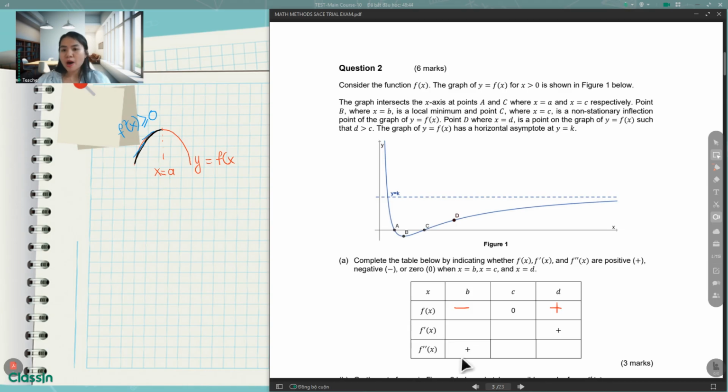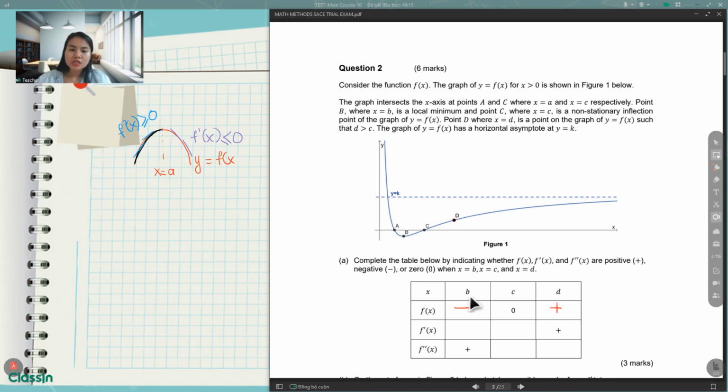On the red part, when x is more than a, the function is decreasing, going down from left to right. If you draw any tangent on the decreasing interval, the tangent is going down, indicating that the slope is negative. f'(x) is less than or equal to 0 when x is more than or equal to a.